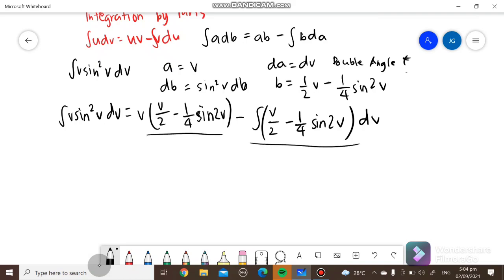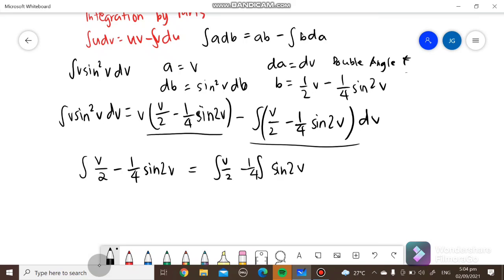Ito na lang yung problema natin. So, let's go ahead and integrate that. We will have the integral of v over 2 minus 1/4 sine 2v. The integral of that is simply the integral of v over 2 minus the integral of 1/4 sine 2v.